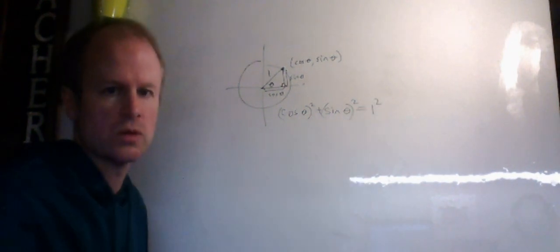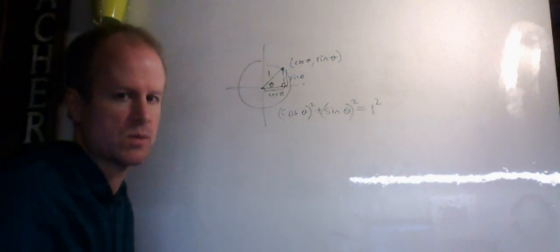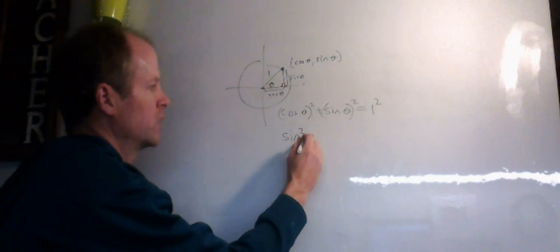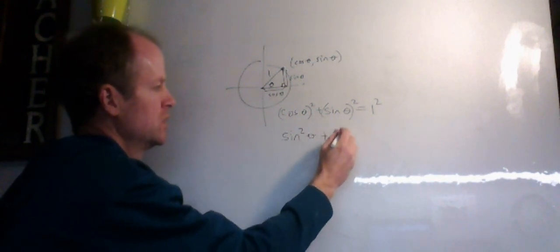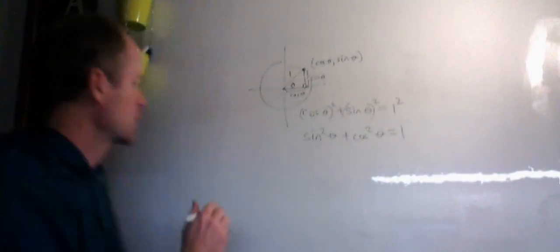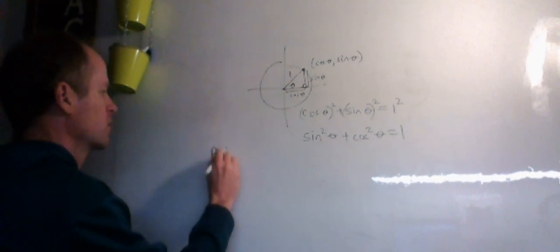Now, we don't usually write it that way. Just like I was mentioning before with the powers, we put the powers on the inside. And usually we put sine first. So sine squared theta plus cosine squared theta always is going to be 1. And that's the first Pythagorean identity.